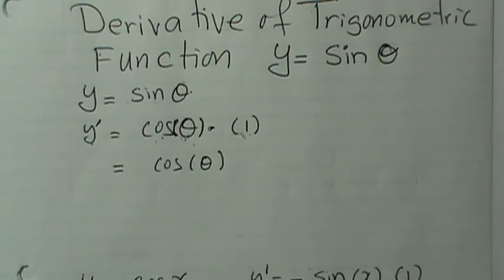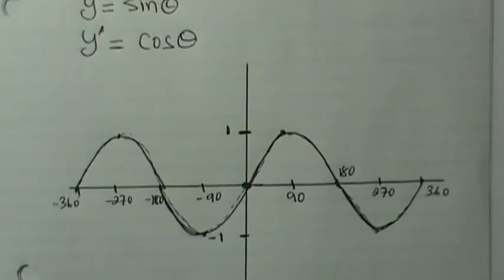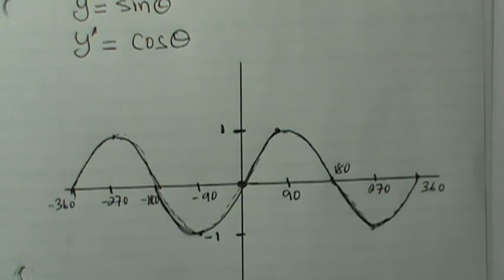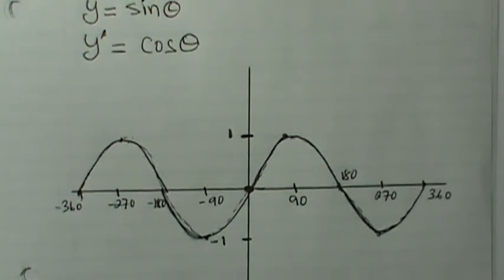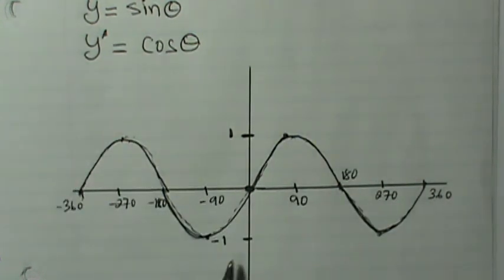And here I drew the graph of sine theta, and I want to show you exactly why the derivative of sine theta is cos theta. So this is the graph of sine theta right here. In order to find an expression for the derivative of sine theta, we find the slope of a tangent to the curve, the instantaneous rate of change.